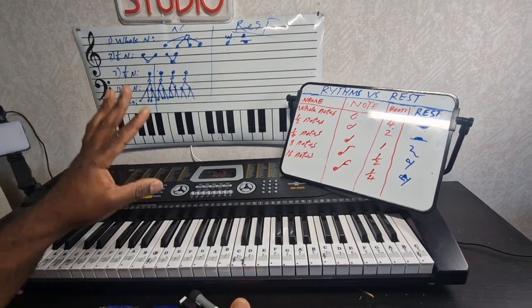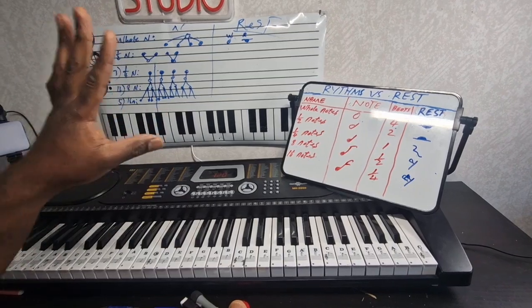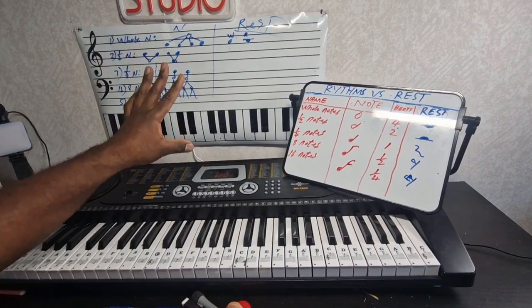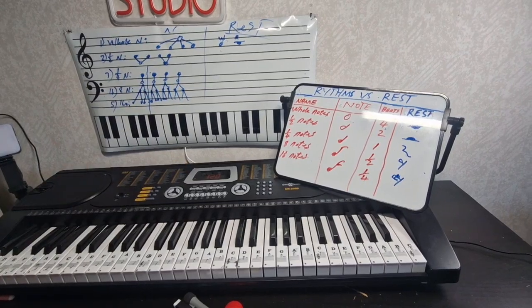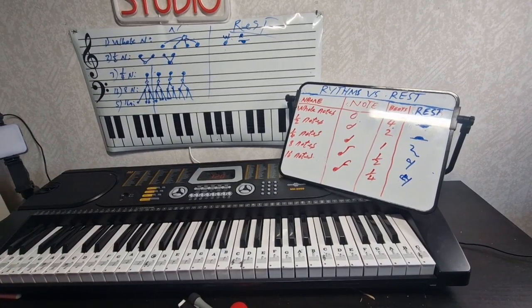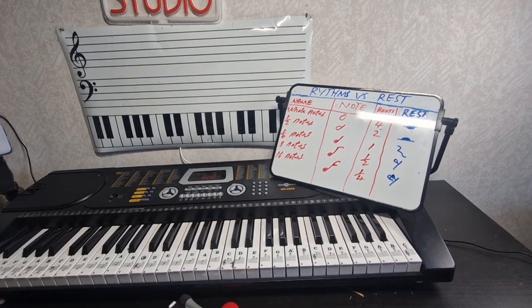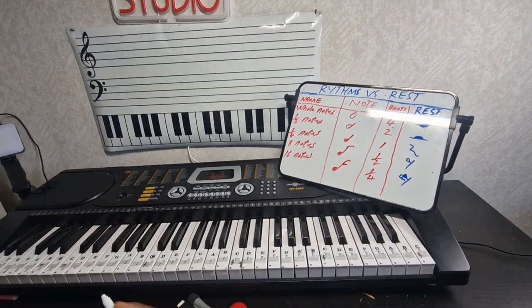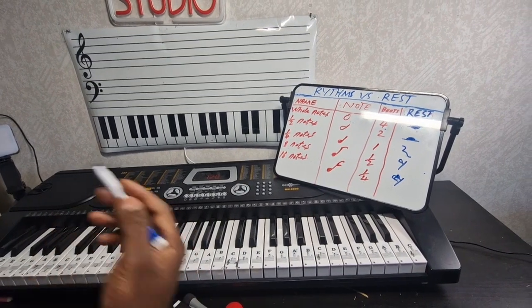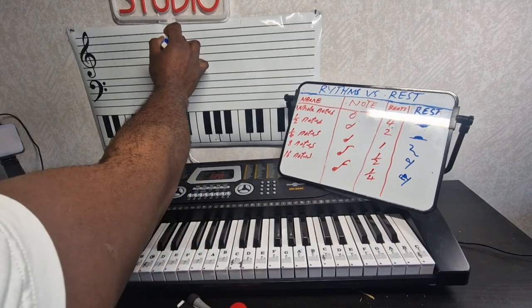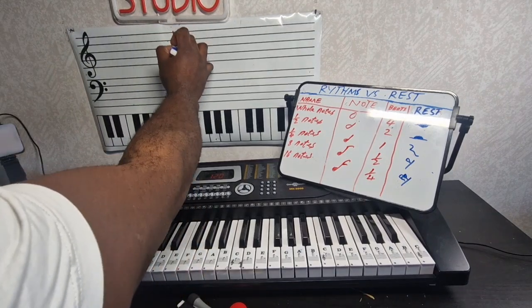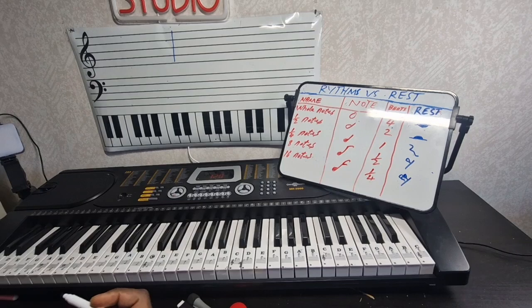Now let's put it into practice. Let's see how we can apply it on a simple music sheet. Okay. Yeah, let's do it. So guys, music is written in series, separated by a bar line, called a bar line like this.